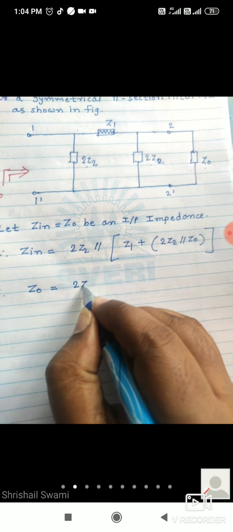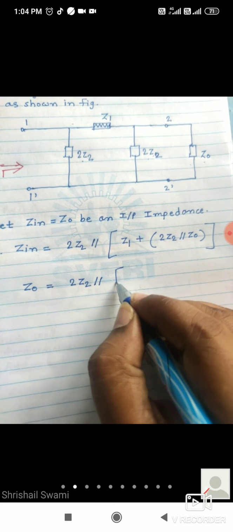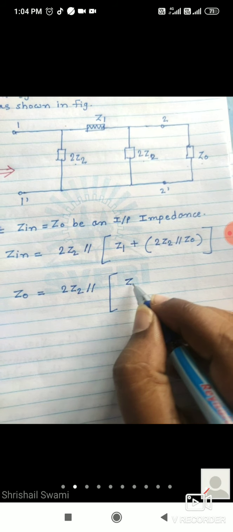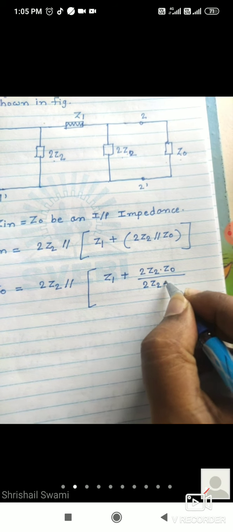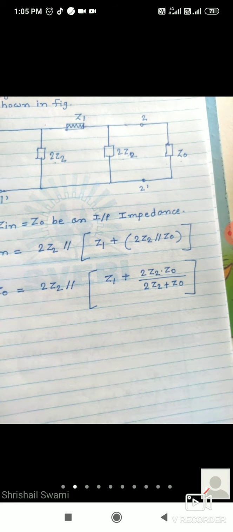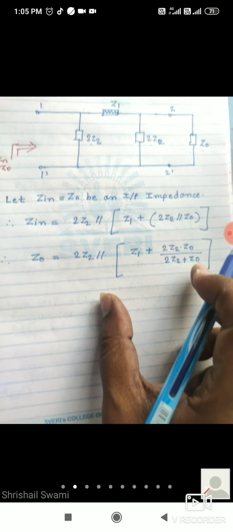Let us solve this one by one. So 2Z2 is in parallel with, first of all we can solve this one, Z1 plus, now solve this bracket, this parallel combination, 2Z2 into Z0 divided by 2Z2 plus Z0. Understood? Now what you can do now, this you can consider as one and this you can consider as one and take the parallel combination.